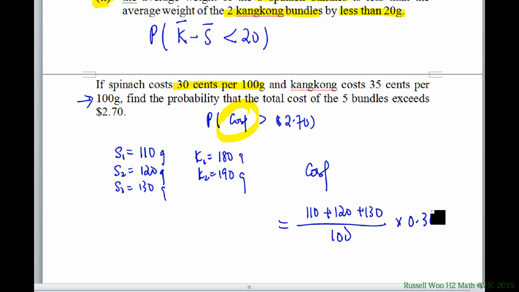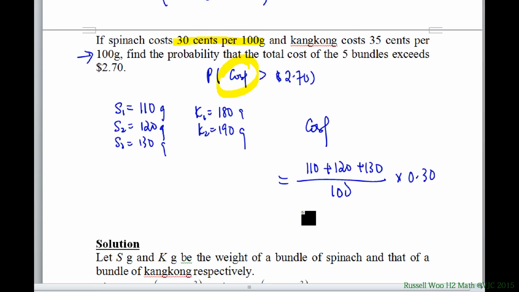Correct? Cost is in dollars. Don't tell me you don't understand. You go to the market, you can, right? Maybe you need a GC to help you, or a scientific calculator, or your handphone. Then plus 180 plus 190 over 100 times 0.35.